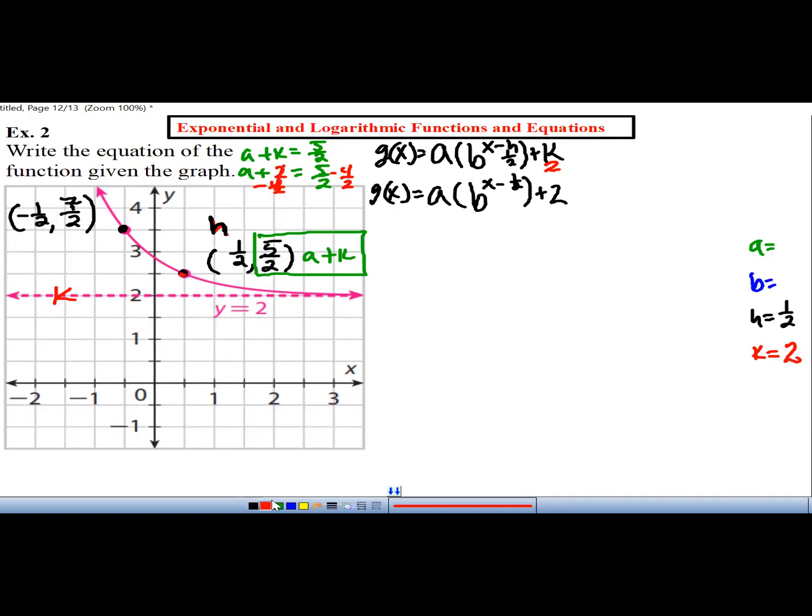So we're left with a equals 5 halves minus 4 halves, which is 1/2. So that goes right here. Let's rewrite this. Now with that a, g of x equals 1/2 times base b, x minus 1/2, close parentheses, plus 2.